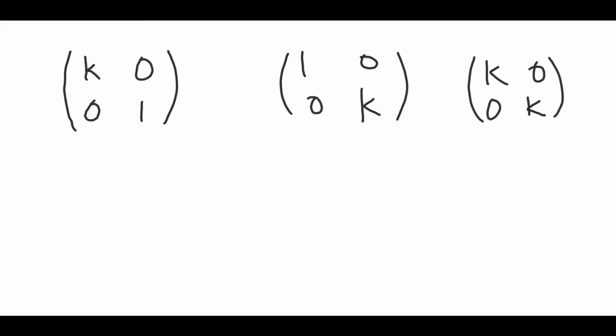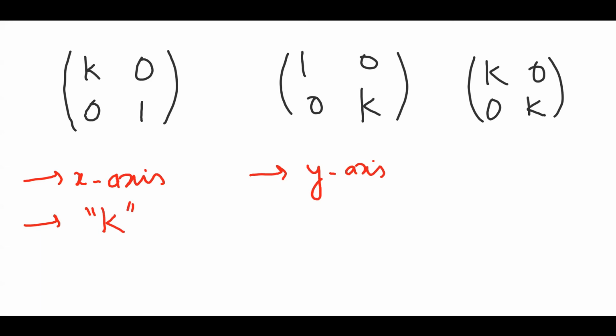So the first matrix is going to show our stretch on the x-axis by a factor of K. The second one is going to show our stretch on the y-axis by a factor of K. And the last one is going to show enlargement by a factor of K.